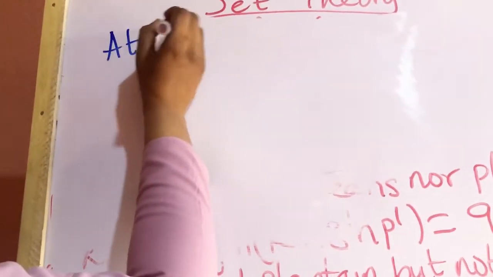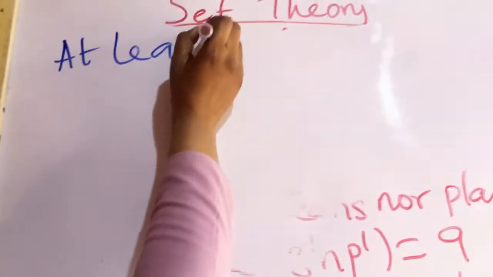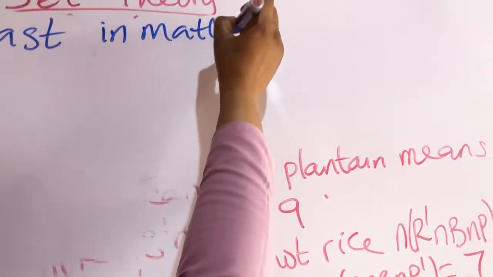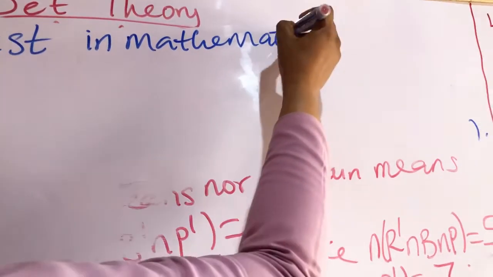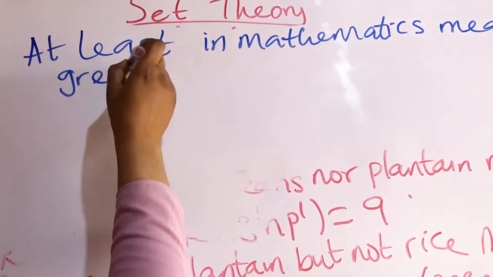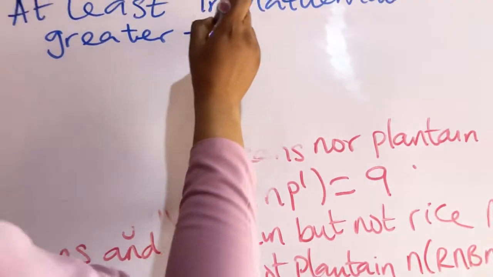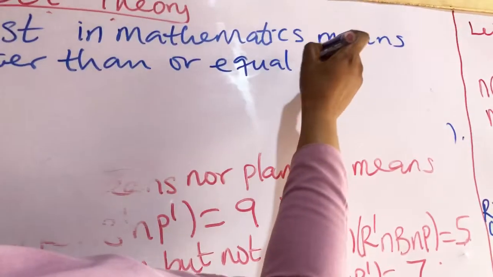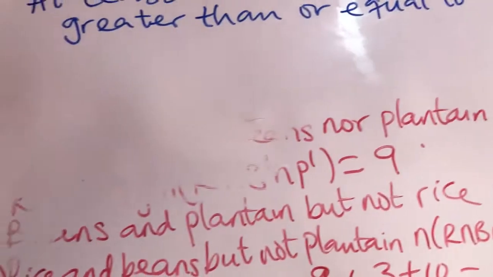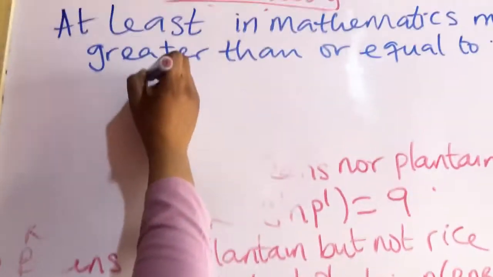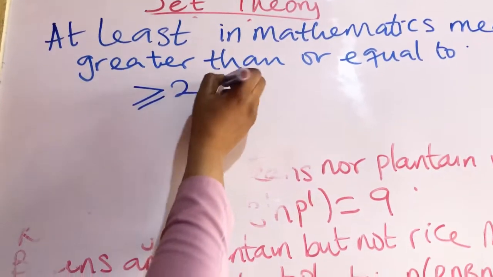At least in mathematics means greater than or equal to. So here, at least 2 types of food means it is greater than or equal to 2.